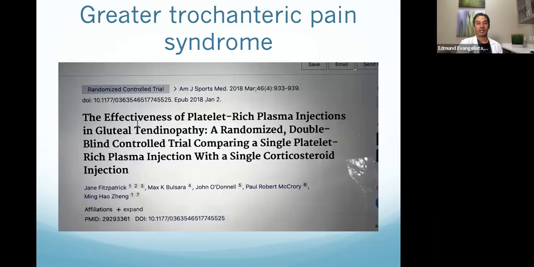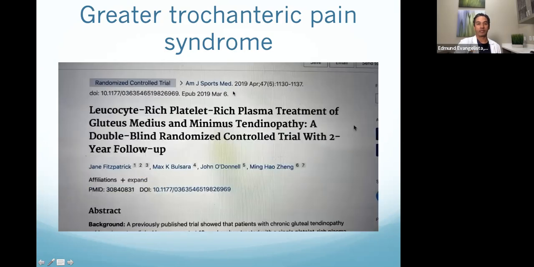Now, Fitzpatrick studied this. This was a landmark study, a very good study, a randomized, double-blind, clinically controlled trial comparing a PRP injection to a cortisone injection for this gluteal tendinopathy. She published the results in the American Journal of Sports Medicine in 2018, and she continued to follow these patients for another year, so published the 2-year follow-up in 2019.